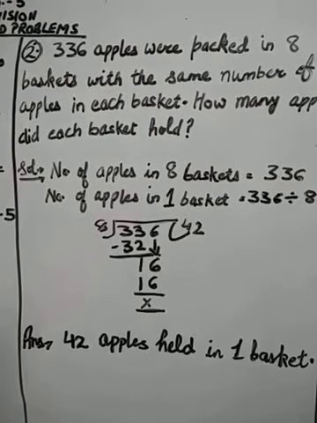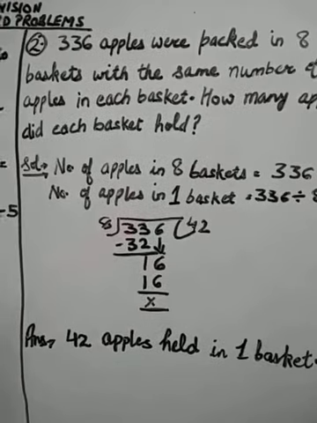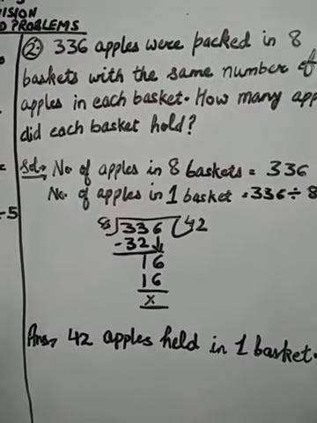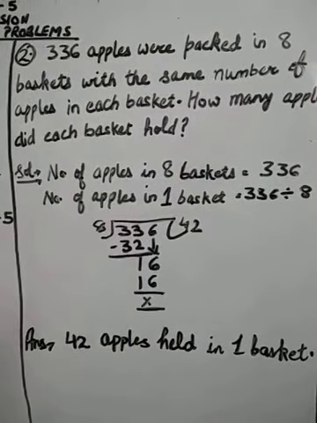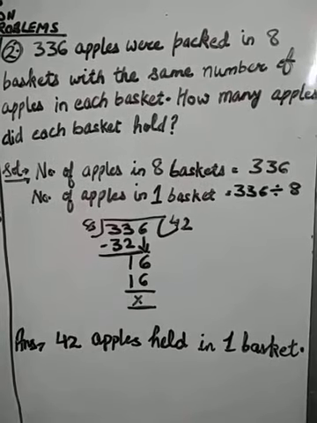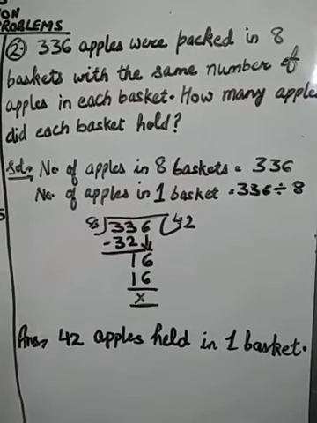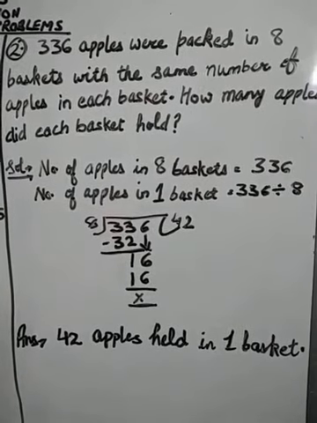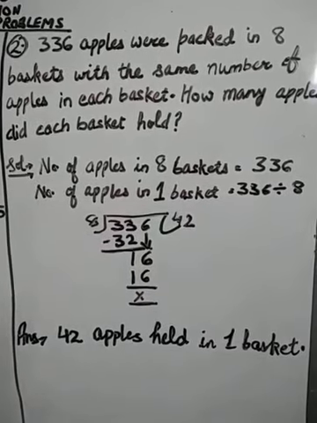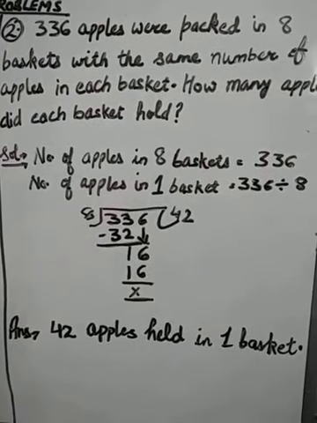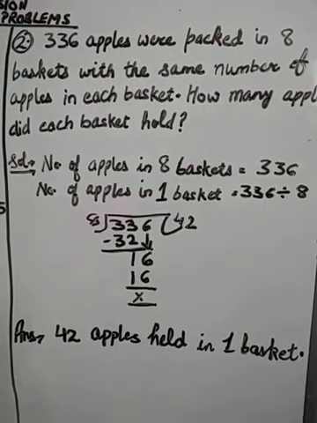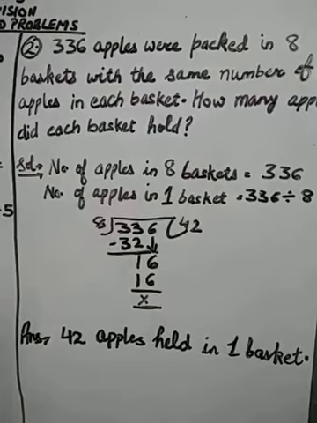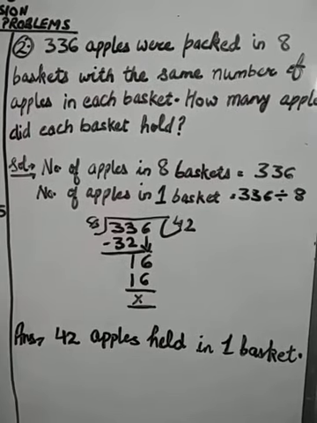How many apples did each basket hold? 336 एप्पल्स जो हैं वो 8 बास्केट में पैक किए गए हैं. मीन्स कि एक बास्केट में सेम नंबर हमने एप्पल के पैक किए हैं और हमने अब ये बताना है कि एक बास्केट में कितने आपने एप्पल को पैक किया है. आई रिपीट, 336 एप्पल्स वर पैक्ड इन 8 बास्केट with the same number of apples in each basket. How many apples did each basket hold?